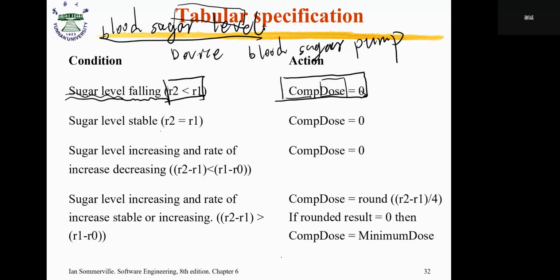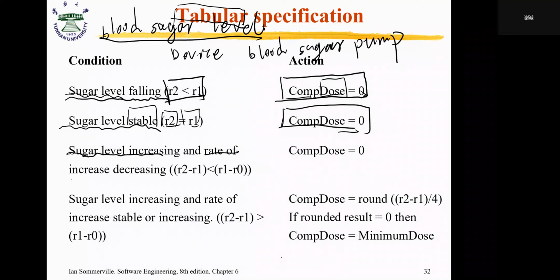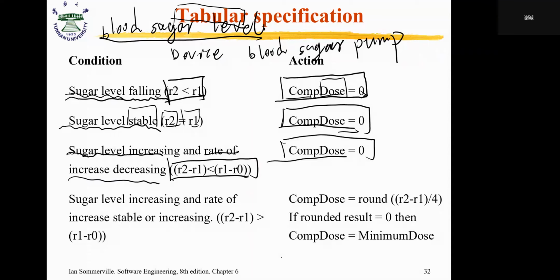And when your blood sugar level is stable, like this one, R1 equal to R2, then it still keeps silent and does not do anything. And when your blood sugar level is increasing, which means you need some drug, but the rate of increase is like this, not very high, the system control still keeps silent and does not inject any drugs.